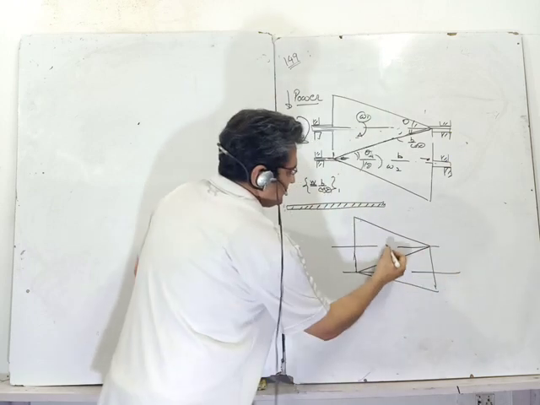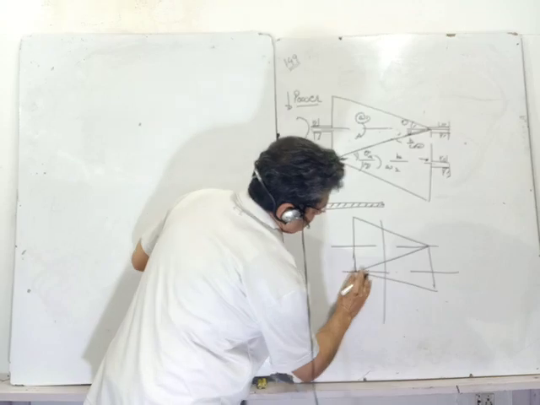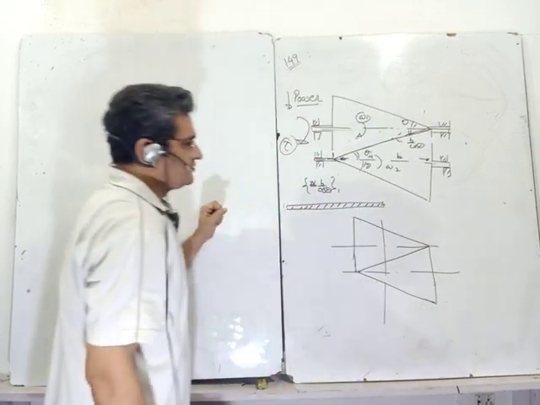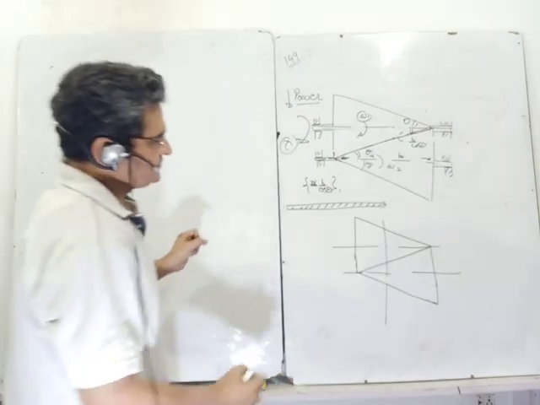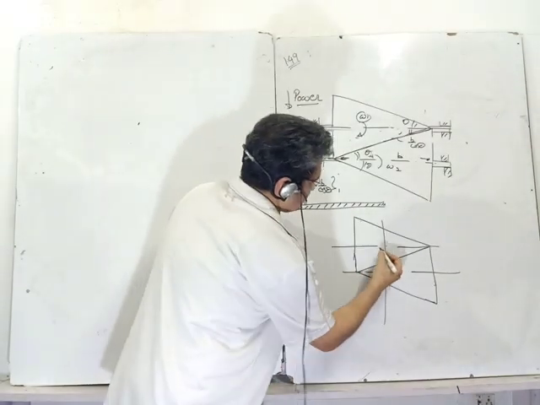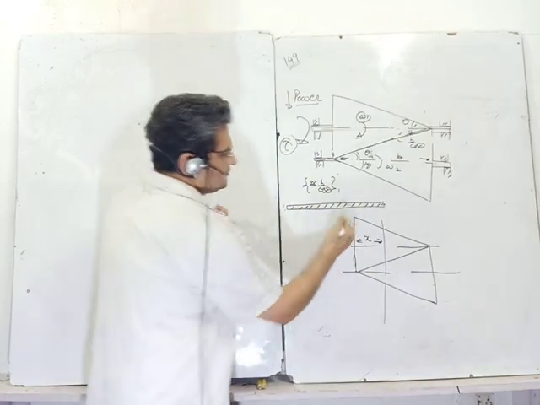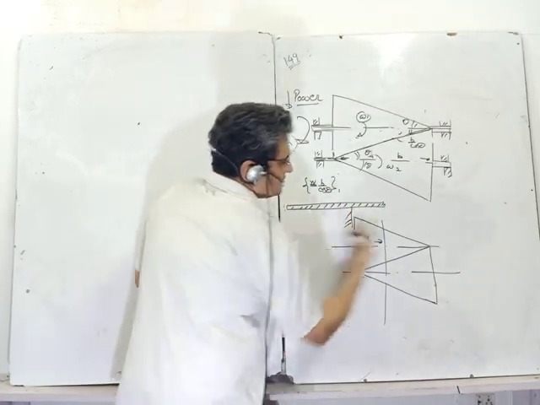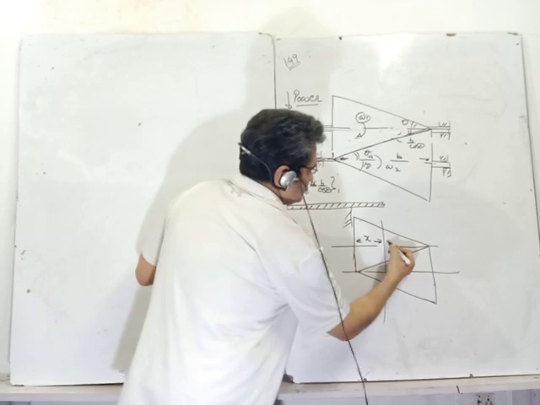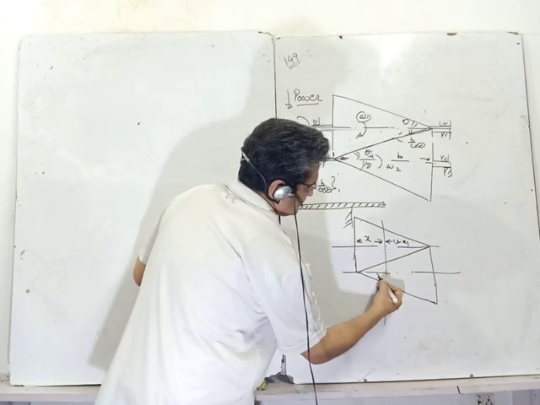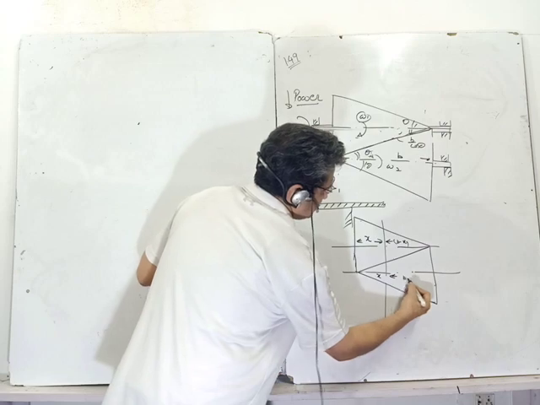If I take a distance, I hope the camera is capturing. I always get doubtful when I go down the board. X is this length, this is my reference. I move X away, so this remaining is B minus X. Same here, it is X, so it is B minus X.